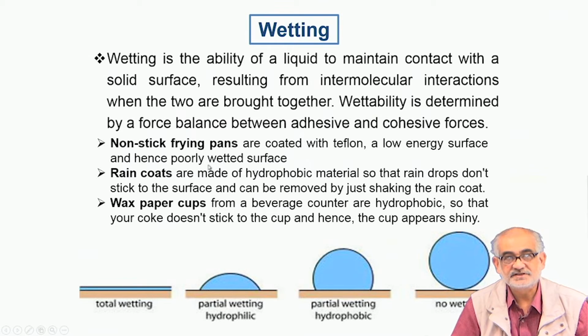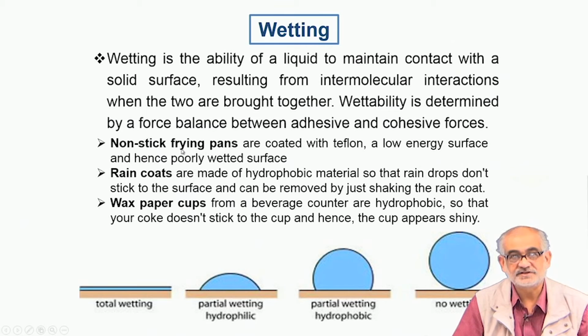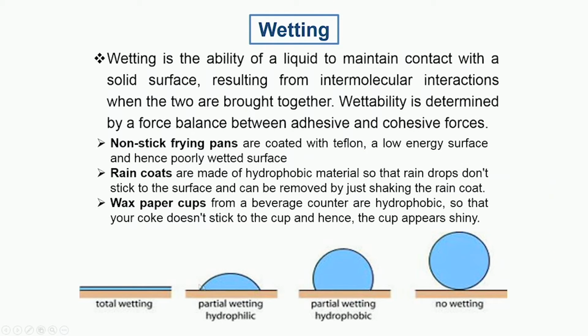All these are basically hydrophobic surfaces under different conditions. This is under high temperature condition, but this is at room temperature. In all these cases, we don't allow the water to stick to the surface. So we don't want anything like this. What we want is somewhat like this. That means the water droplet should not spread easily onto the surface.